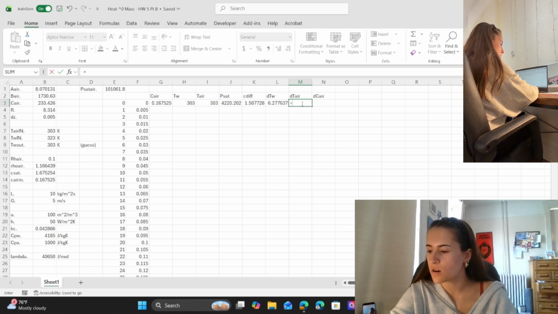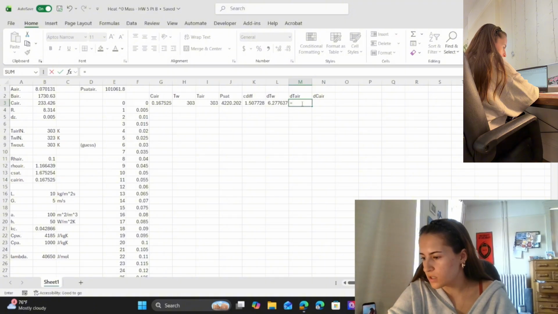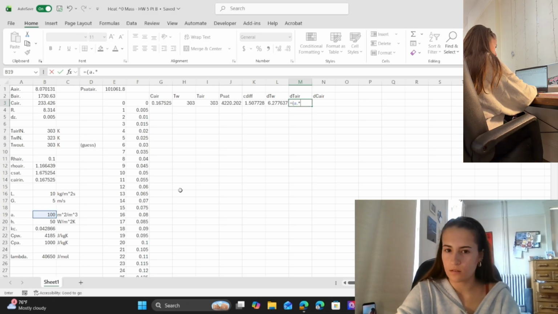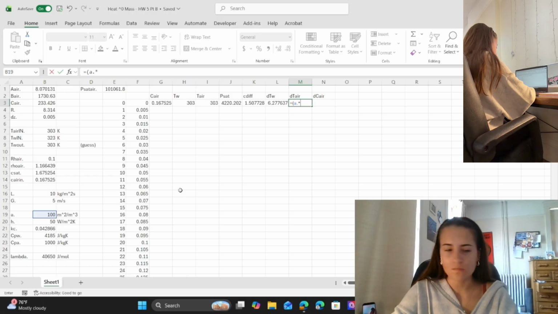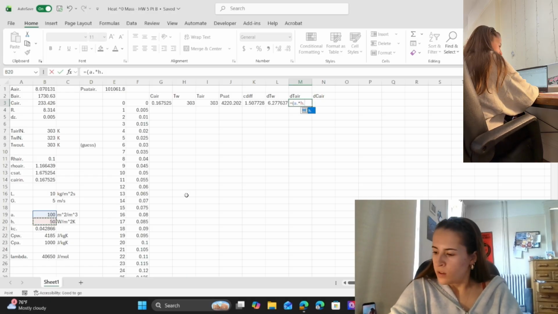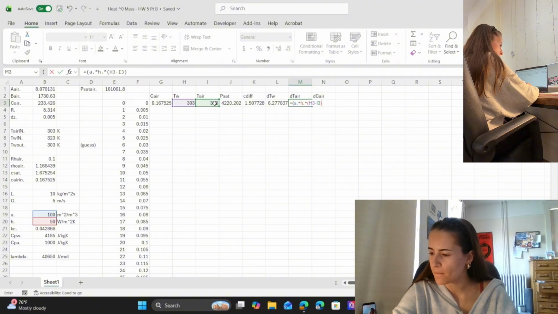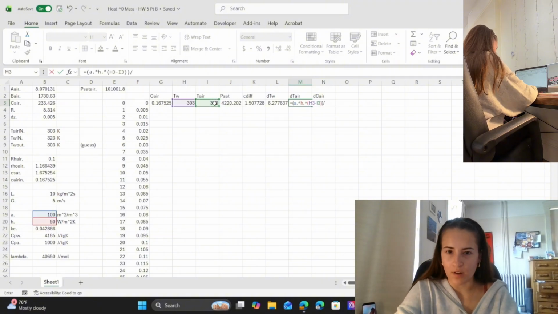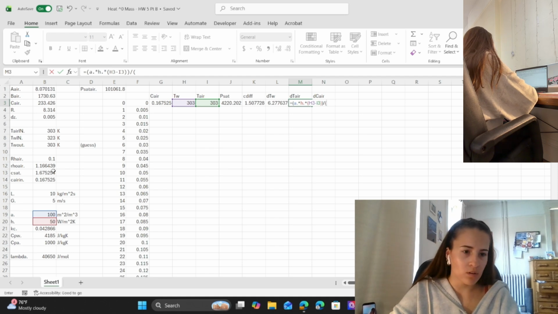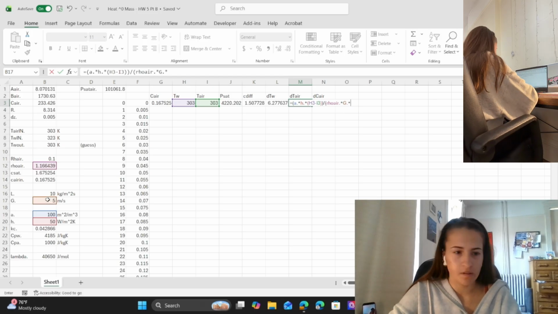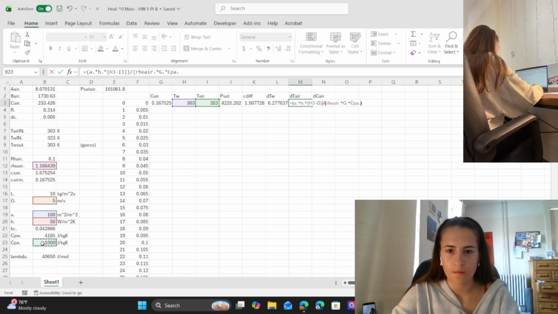And then for change in temperature of the air, we can look at this and say this is going to be equal to A times H times the temperature of the water minus the temperature of the air divided by rho air times G times Cp, heat capacity of the air.